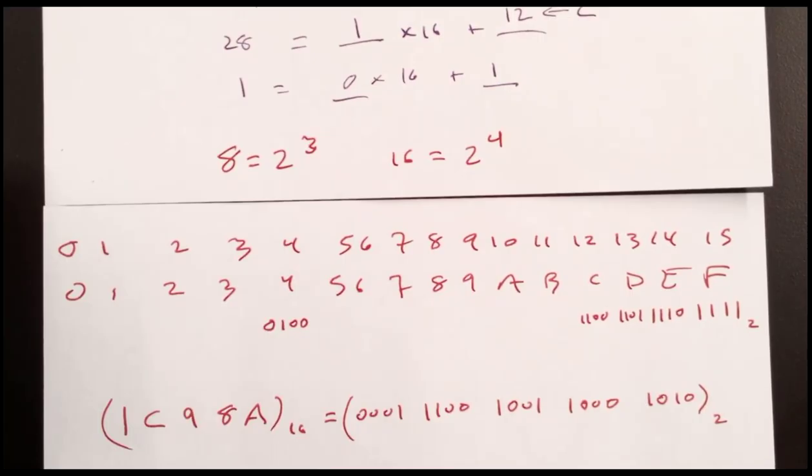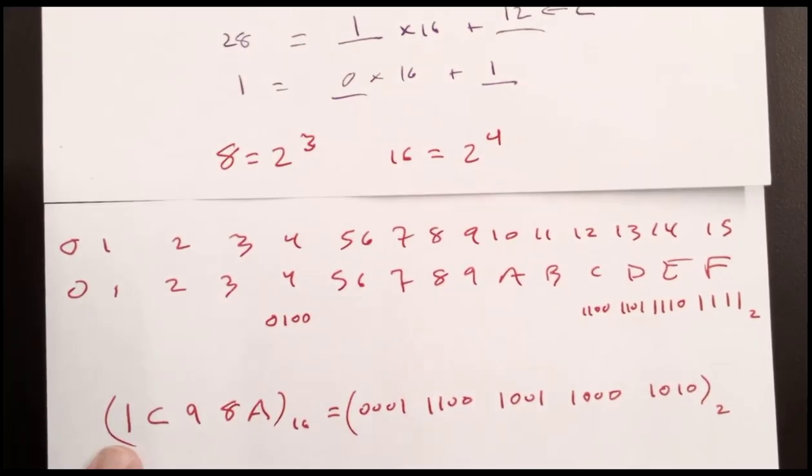I don't have to do it in octal either, because in octal I can use that same chart. I can say, oh, in octal 1 is 01. What's C? Look at the table, page 267.